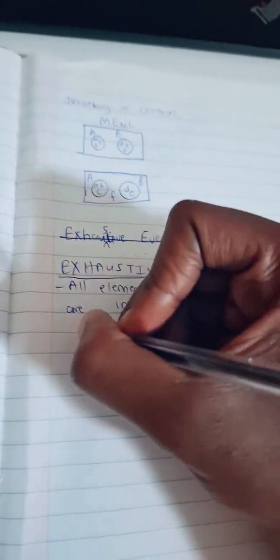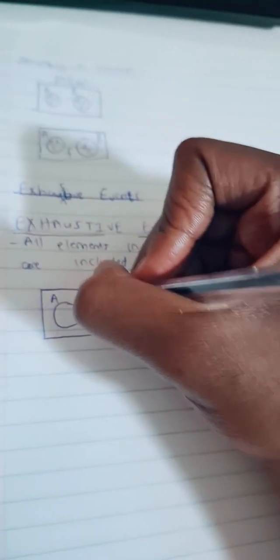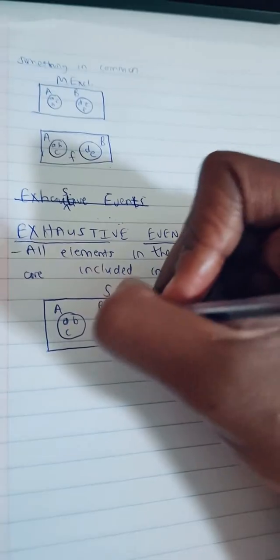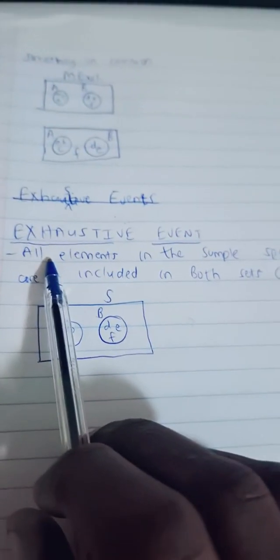All right, so let's look at a diagrammatic representation of what this means. Rectangle, the sample space. We have event A, we have event B. We have A, B, C, D, E, F. And what is this saying?